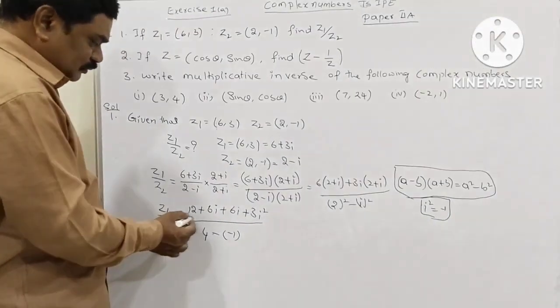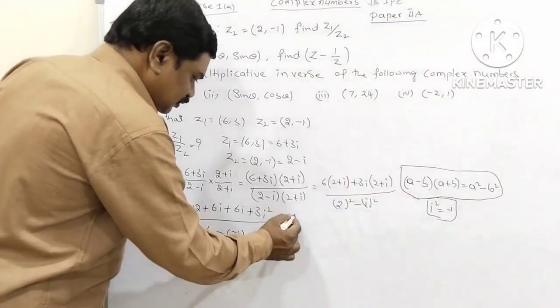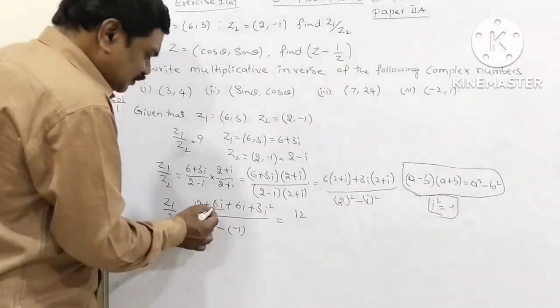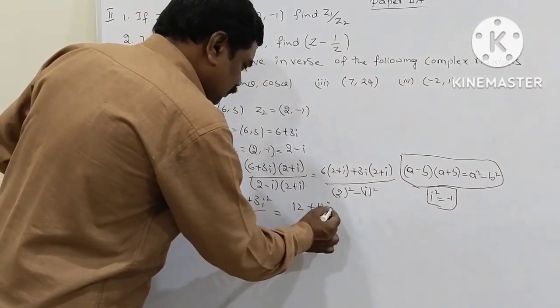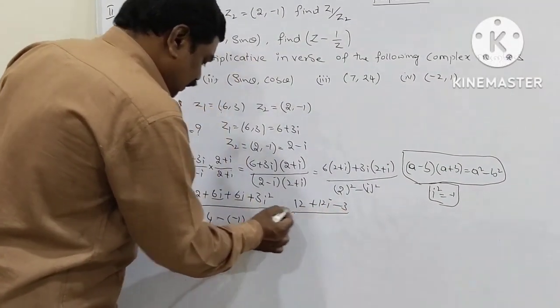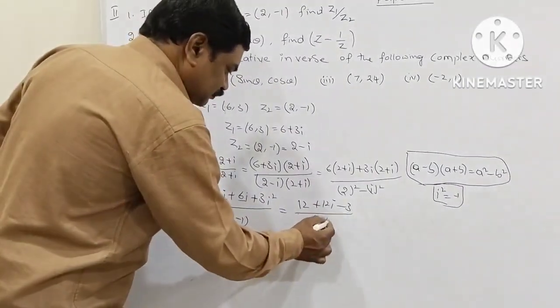So this can be written as 12, 6i plus 6i, 12i, plus minus 3, by 4 plus 1.